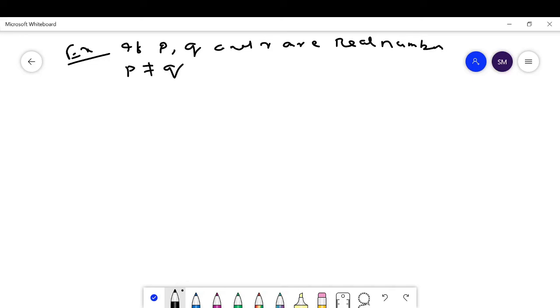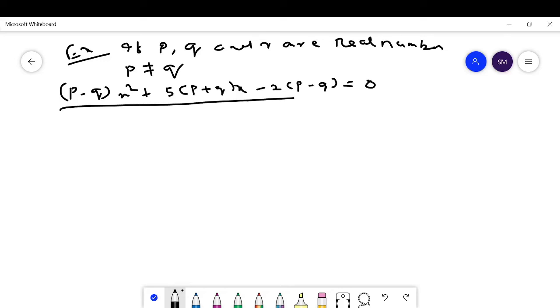Then we have to find out that the equation given, P minus Q x square plus 5 into P plus Q x minus 2 into P minus Q is equal to 0, has real and distinct roots. These equations have real and distinct roots.